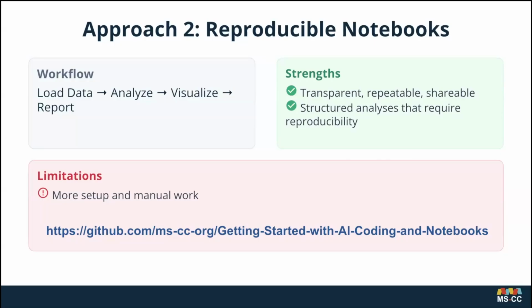Before we bring AI into workflows, as we are using notebooks, this may feel like a step backward, as we are going without AI. But it is actually the foundation. Before we add AI to any analysis, to any notebooks that we use, we need to show that the analysis itself can be transparent and repeatable without AI.